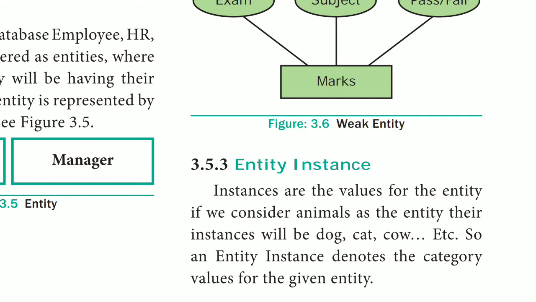So why are these symbols provided, like rectangle, double rectangle, oval shape? All this can be provided in this pictorial representation. When you intend to create a project, first they will be creating the database. Before creating the database, they'll have a rough sketch of all the participants in the database.